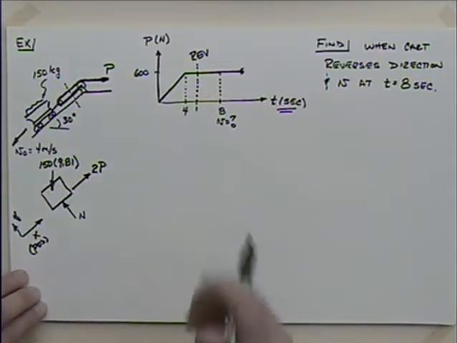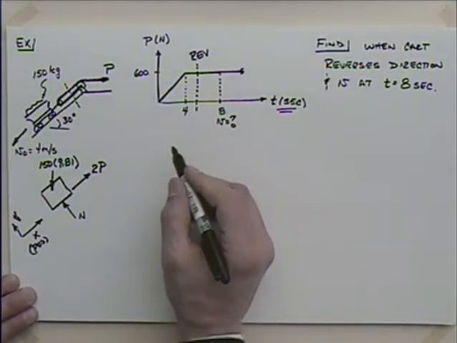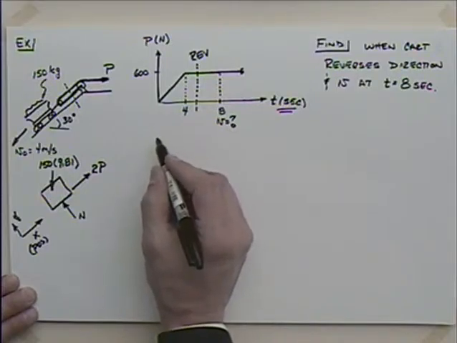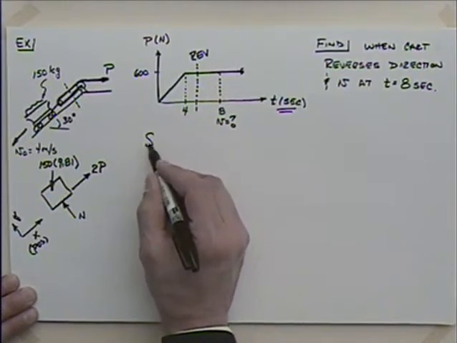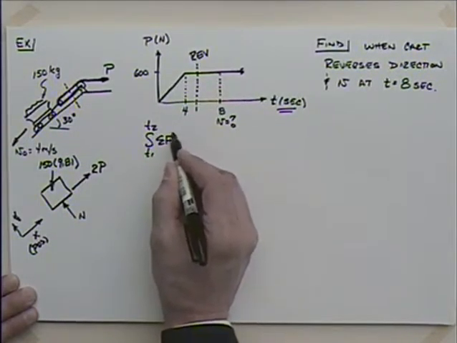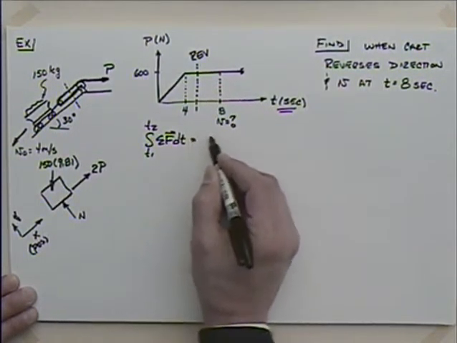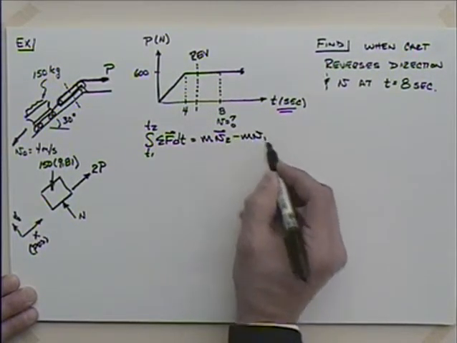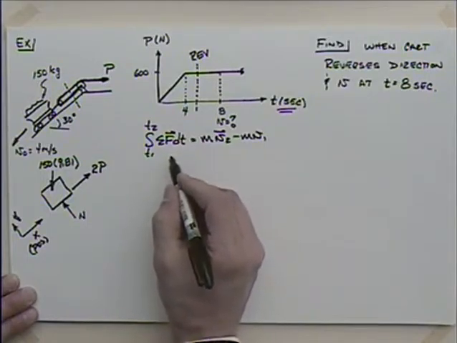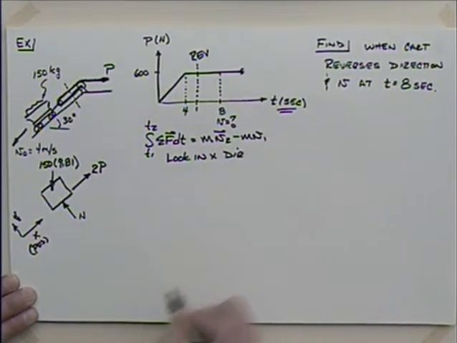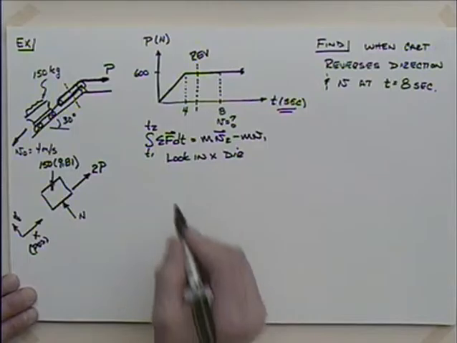So then I can look at the impulse momentum equation and say that, where did we start? We said the integral from t1 to t2 of the sum of F dt is equal to mv2 minus mv1. And I'm going to reduce this. I want to look just in the x direction, because my velocity is in the x direction.